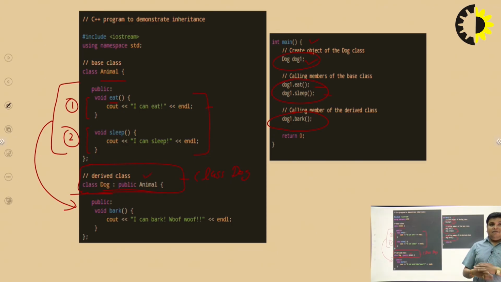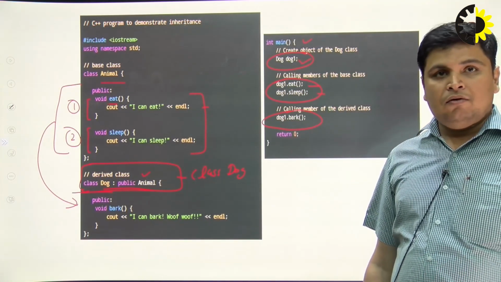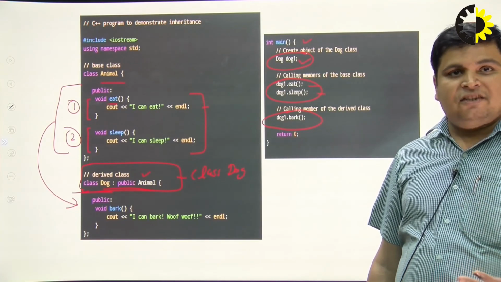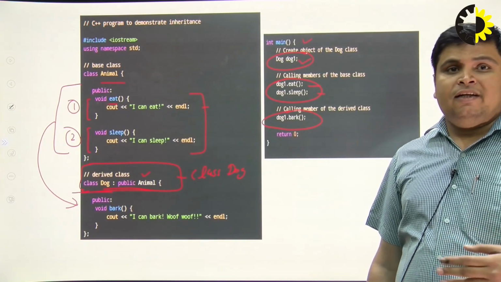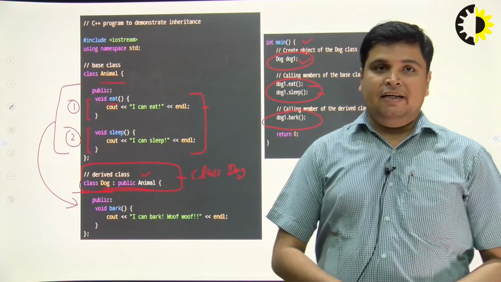But the inheritance concept provides the facility to call all the methods declared inside the parent class. So this is an example of how to achieve functionality and reusability of code with the help of inheritance. Thank you.